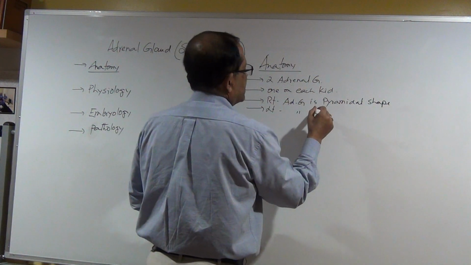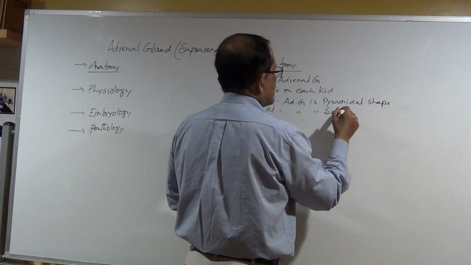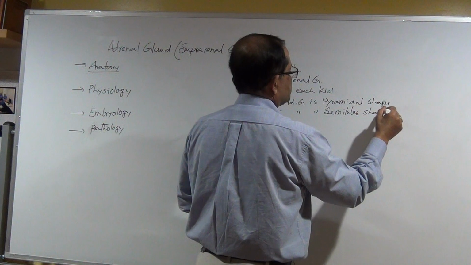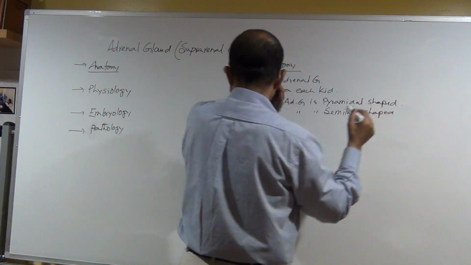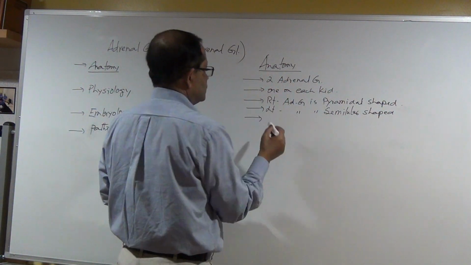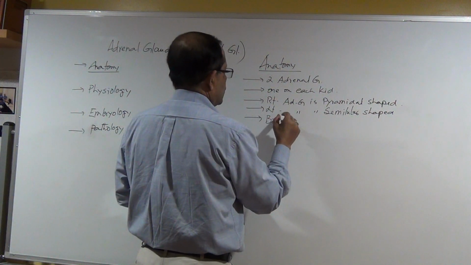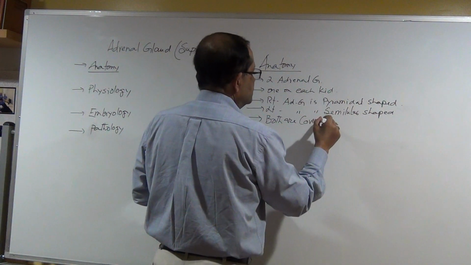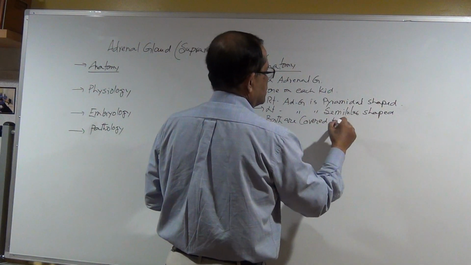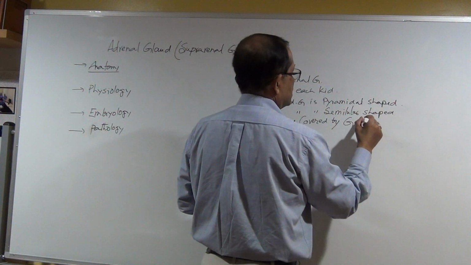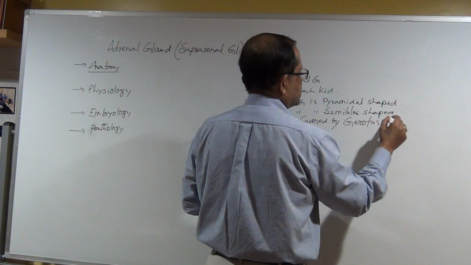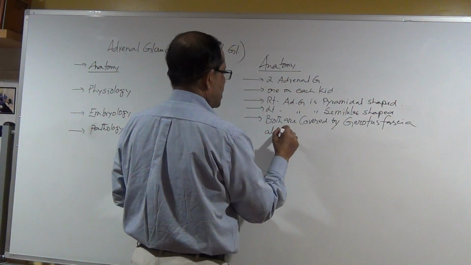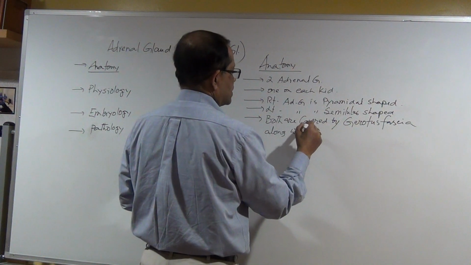The left adrenal gland is semi-lunar shape. Both are covered by gerota's fossa along with the kidneys.